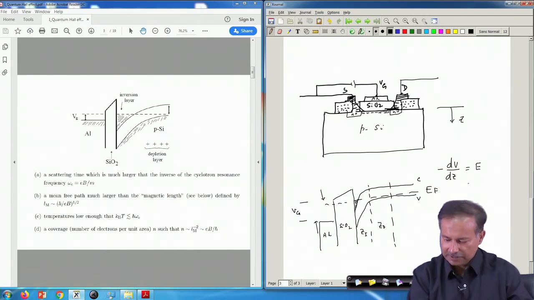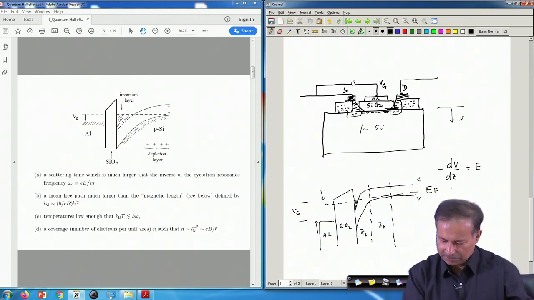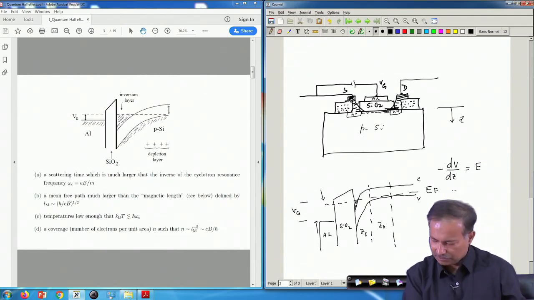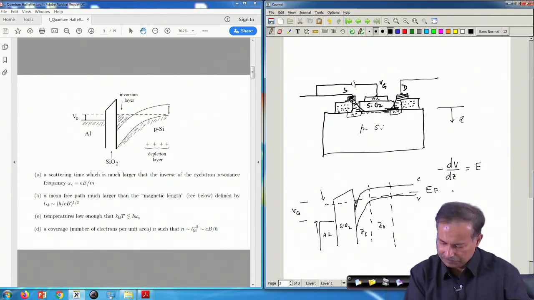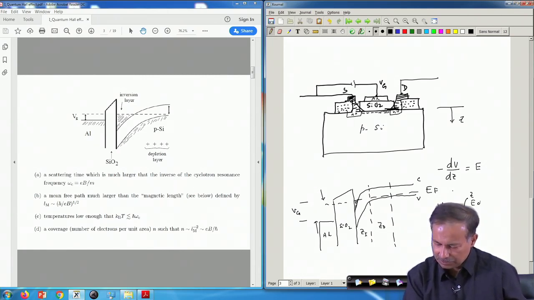So, there is a field inside, that field bends these bands, and the bending happens because this electric field is constant, and your V then is the integral from 0 to Z. See, at 0 the value is the same as Vg, then E times dz.